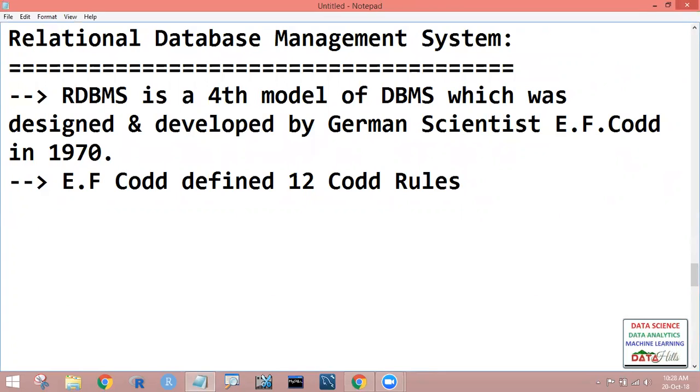Then he defined that if any database satisfies a minimum of 6 Codd rules, then that database management system is called a relational database management system product.